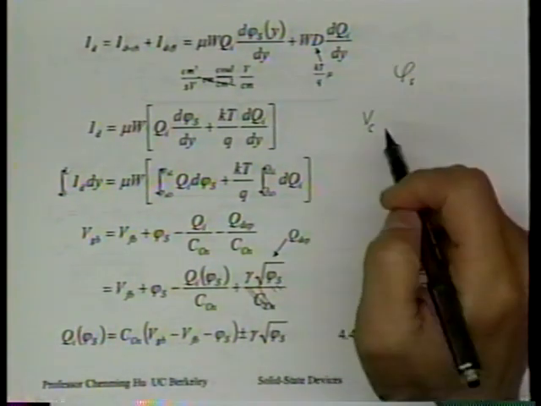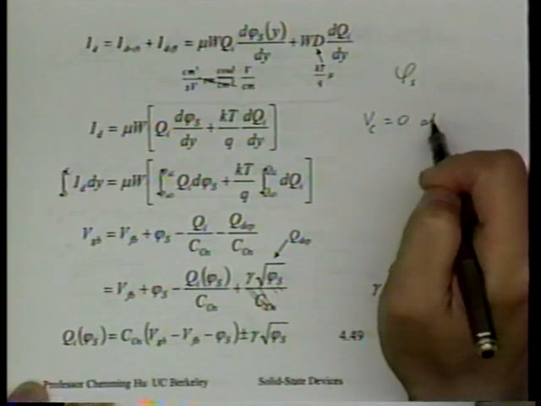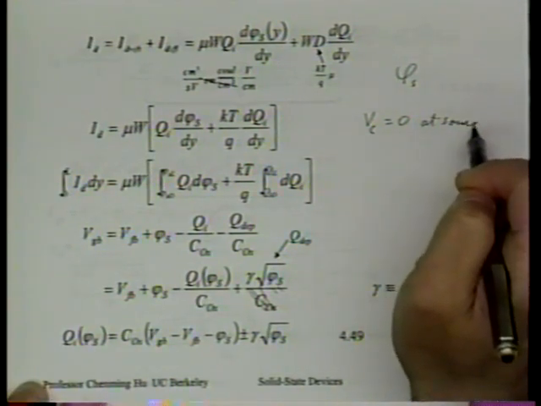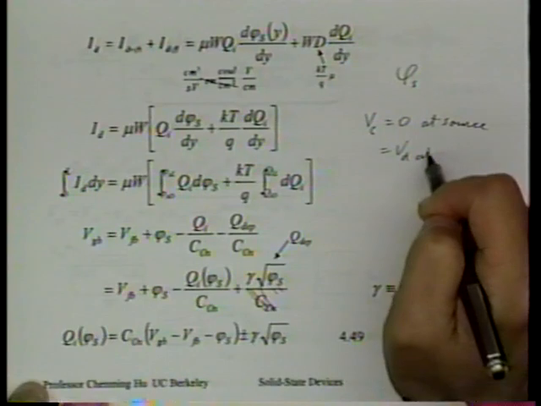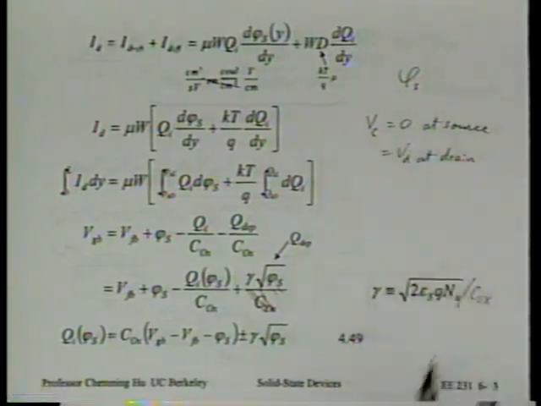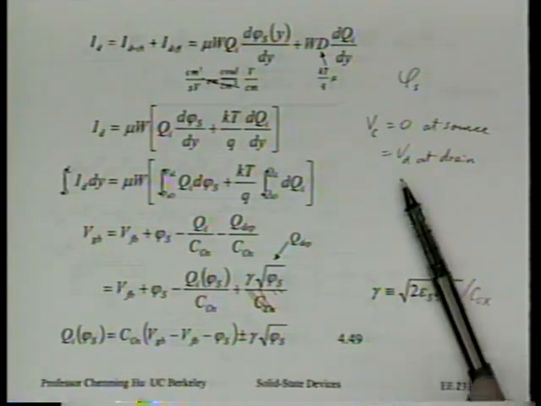The main characteristic of VC is that VC is equal to 0 at source. VC is equal to VD at the drain. So once we quantify it this way, now you can ask, is VC identical to phi s? At source, is there still band bending? There's still band bending, right? So clearly phi s and VC are different. So to some extent, VC is a little easier to use. It kind of overlooks maybe a little bit of a potential barrier between the source and the channel.